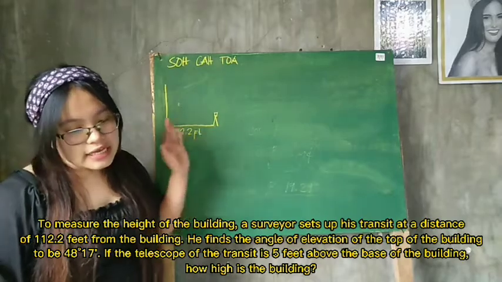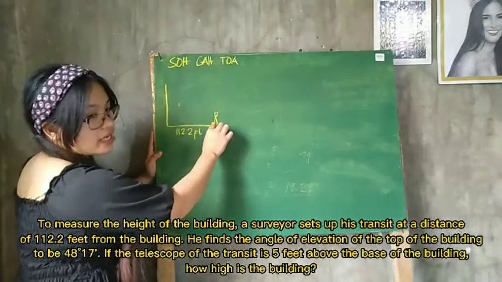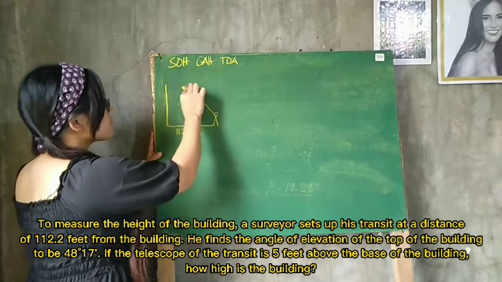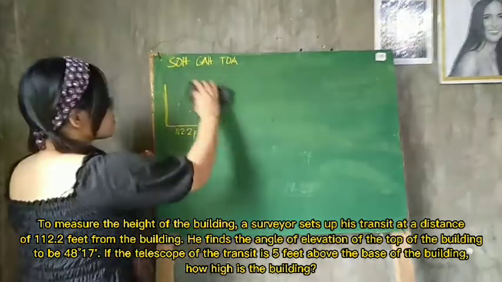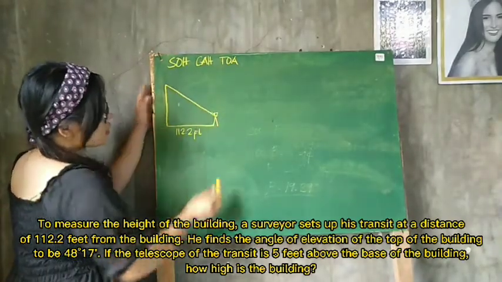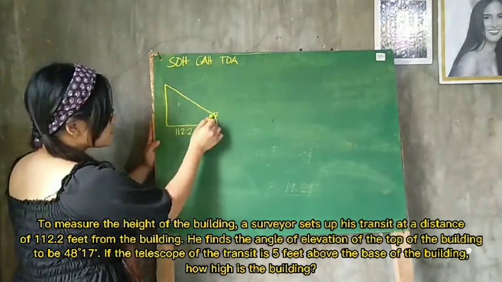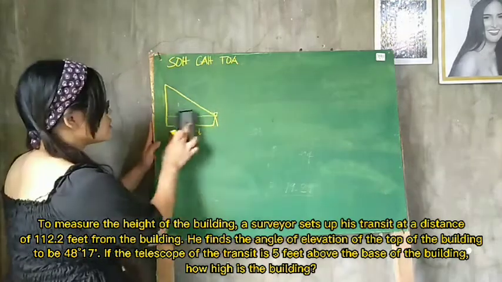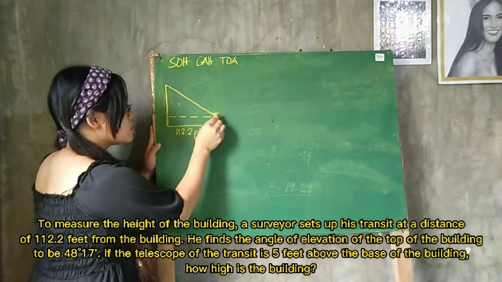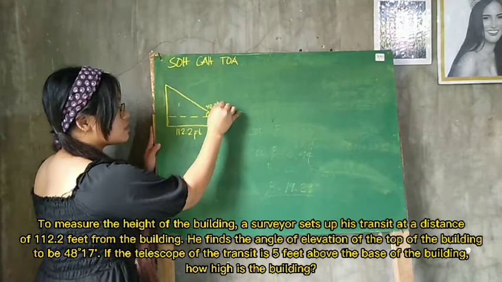And the angle of elevation of the top of the building, the angle of elevation, is when you look up. So this angle is 48 degrees 17 minutes.